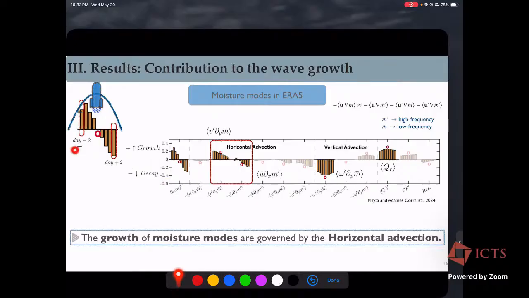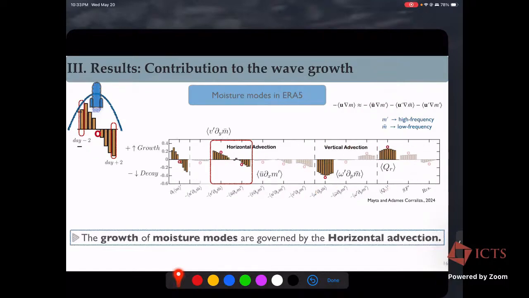From 2 days before the maximum convection at the base point to 2 days after the convection at the base point, this is basically the wave evolution. Again, there are many terms here because we decompose the horizontal advection and vertical advection. But here, I'm trying to highlight the most important terms.